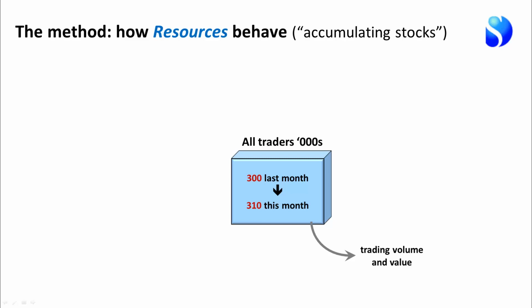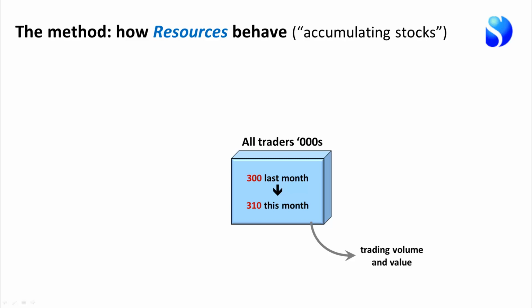And the way to think of it is this: if you were to find a way of knowing exactly what's going on, you might discover that at any particular point in time, 300,000 people across the country are exporting across all the different land borders in the country. What we want is for that number to increase, so we might find out a month later that that number has gone up to 310,000, and that gives rise to the increase in trading volume and value.